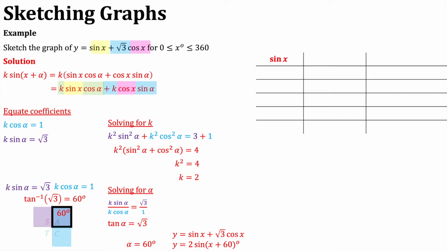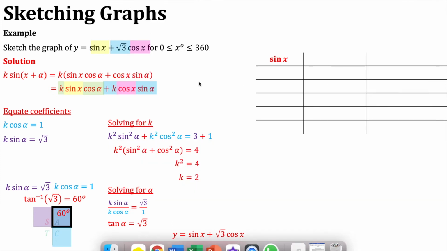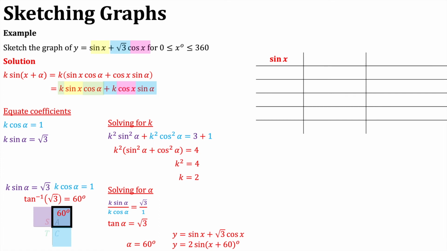So I'm going to treat this like graph transformations. I'm firstly going to look at the graph of y equals sine x, then y equals sine of x plus 60, and then y equals 2 sine of x plus 60.